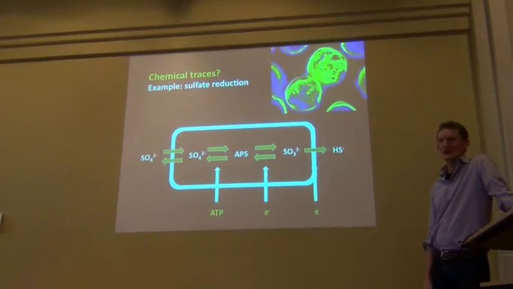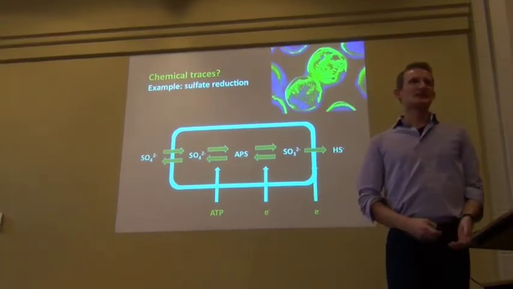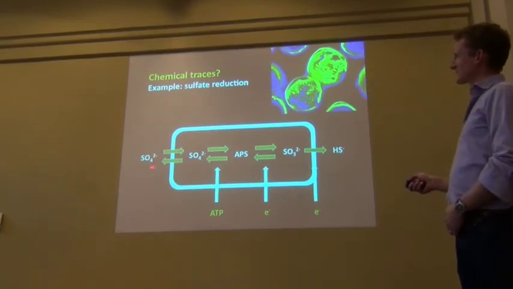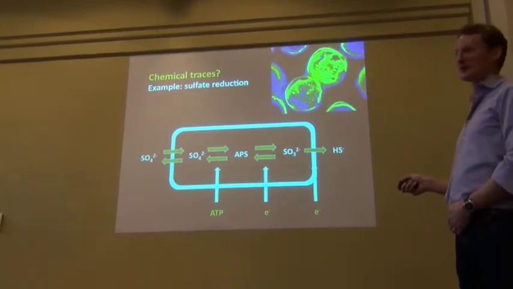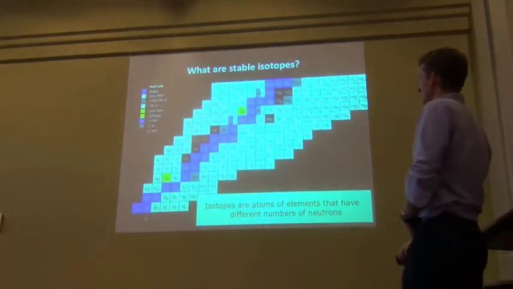The lightest isotopes are the easiest ones for the bacteria to swallow. The bacteria is lazy, just like you and I, and it uses the least amount of energy it possibly can to breathe sulfate. So if there's any sulfate around made from light isotopes, it uses it, and it leaves the heavy isotopes behind. These are stable isotopes.